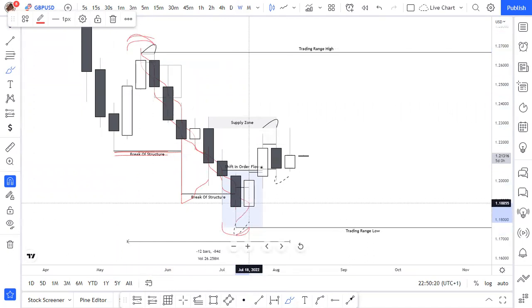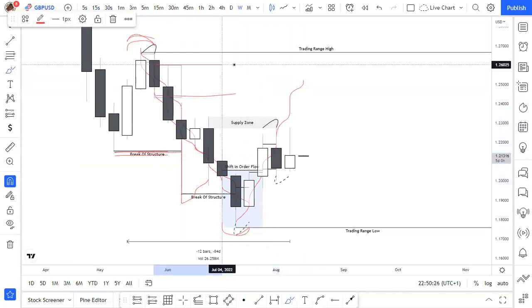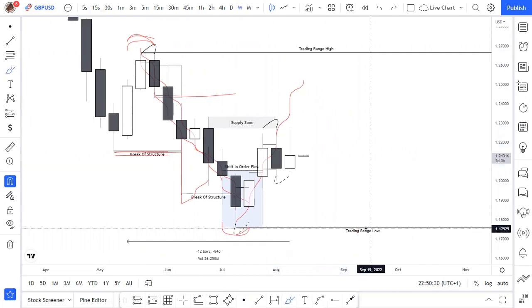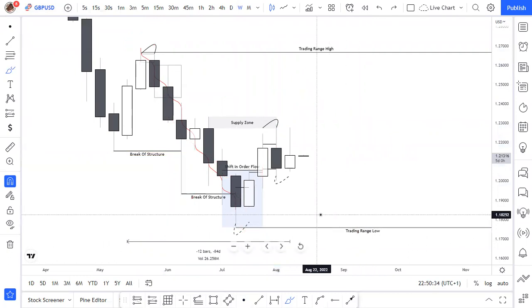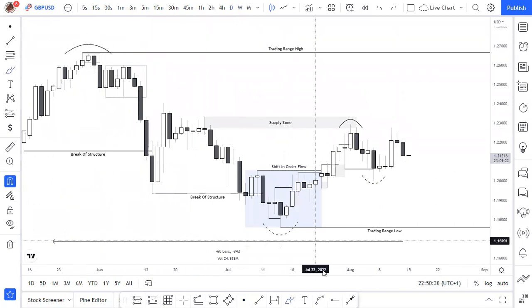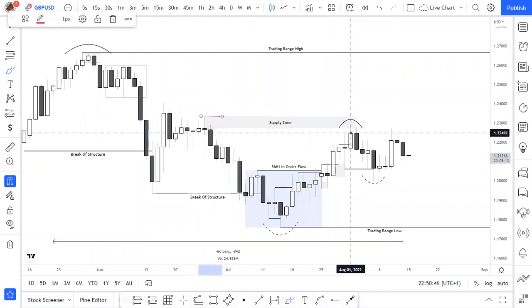So if price pulls into this supply zone here, I could still look for sales to take out this particular low. That's one of the reasons why I'm looking at this range to be my entire trading range. Since I'm getting a reaction from this particular supply, I'll still look for sales.